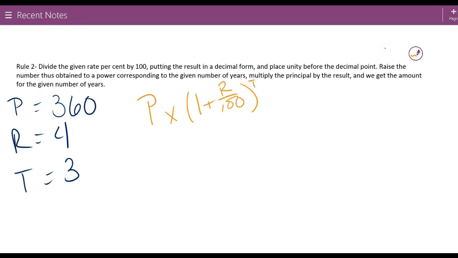So in this example, again, we're just pretending this is in dollars, so our numbers are not going to match what's in your text.